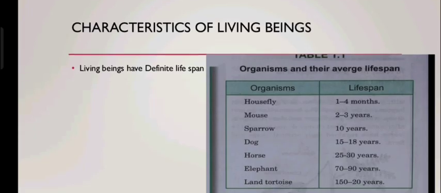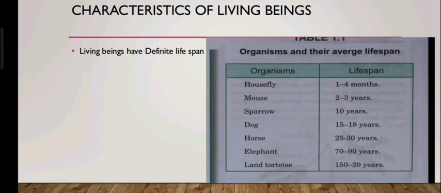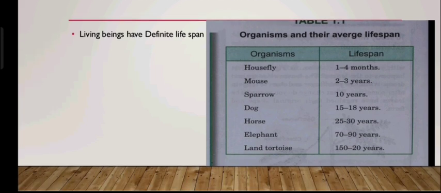Okay, the next characteristic is that living beings have a definite lifespan. The lifespan of an organism is largely determined by its genetic makeup, which sets the biological limits for how long it can live under optimal conditions.